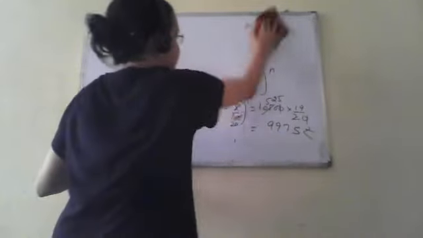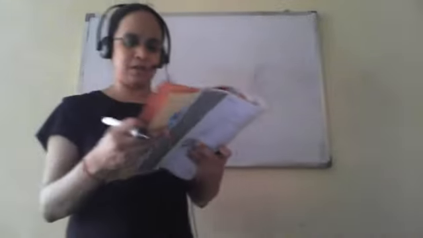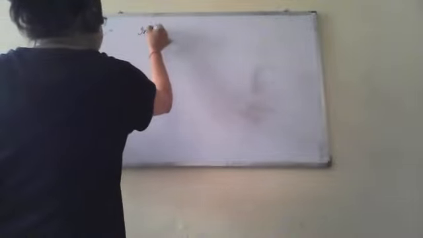One more example. Find the population of a city after 2 years, which is at present 12 lakh, if the rate of increase is 4%. Okay. The present population, or initial value, that is the same.